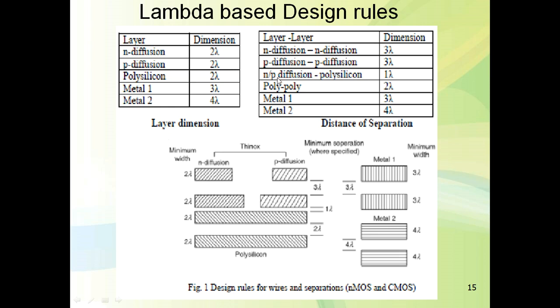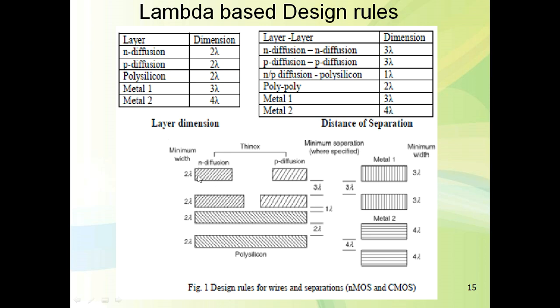Distance between N diffusion and poly, or P diffusion and poly, is 1 lambda. Distance between poly and poly is 2 lambda. Distance between metal 1 and metal 1 is 3 lambda, and distance between metal 2 and metal 2 is 4 lambda. That is shown here.